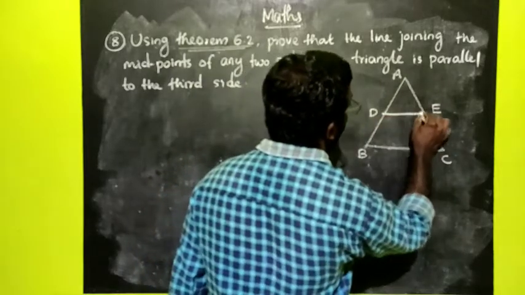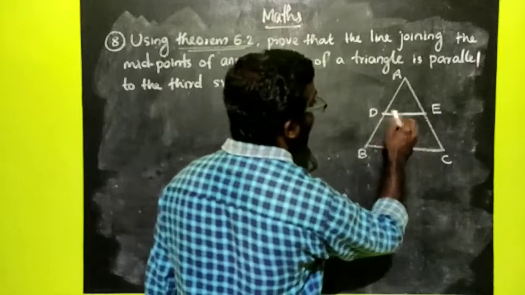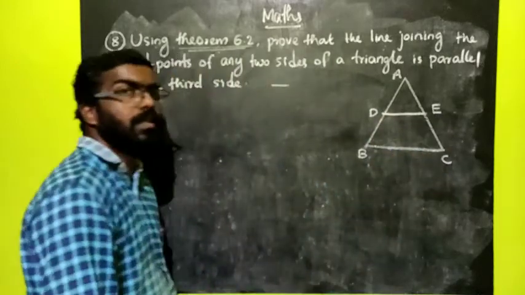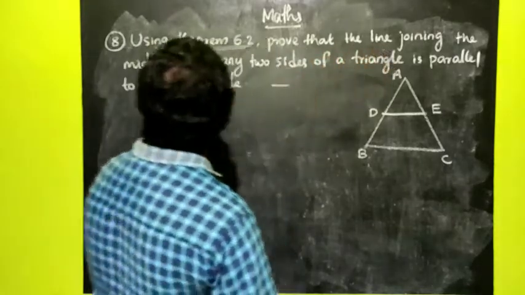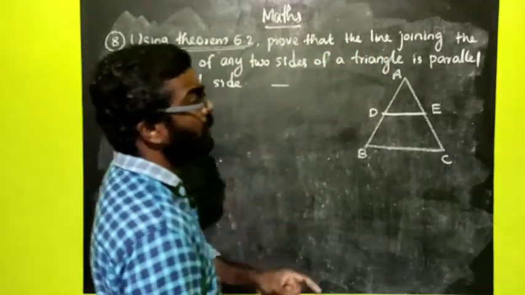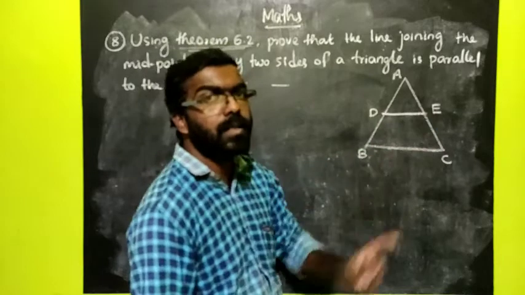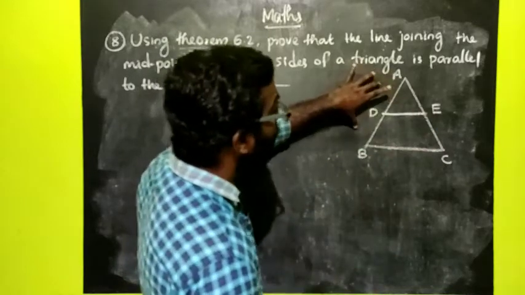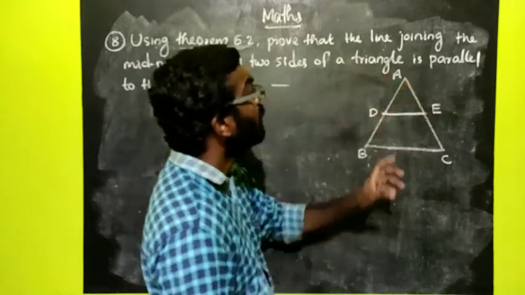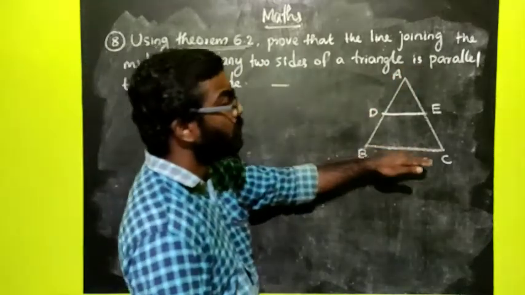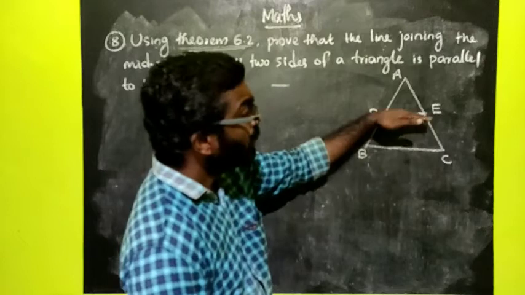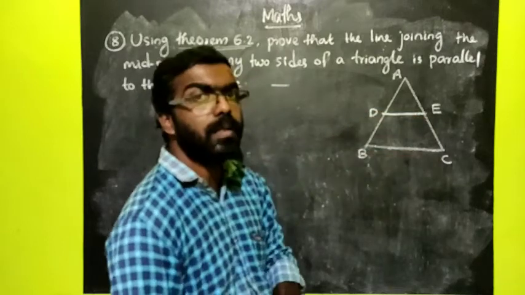We join D and E, and we have to prove DE is parallel to BC. Once again, prove that the line joining the midpoints of any two sides of a triangle is parallel to the third side. Here DE is the line joining the midpoints of the sides AB and AC, which is parallel to the third side. Here the third side is BC, so we have to prove DE is parallel to BC.